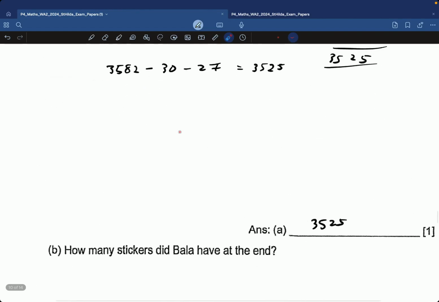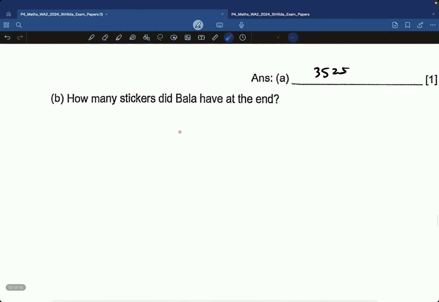Okay, so that means Max had 5 times as many. So in this case, Max to Ali, Max has 5 units, and then Ali has 1 unit. And we also know how many stickers Max has, which is 3,525.